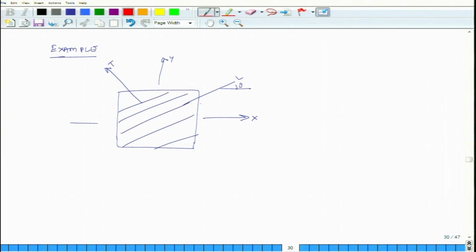So, it is experiencing a negative sigma x, and the value is minus 3.5 MPa. It is experiencing a positive sigma y, and this value is 7 MPa.